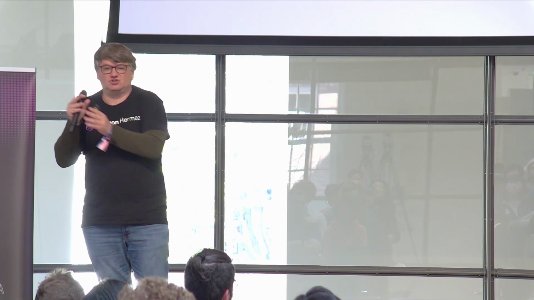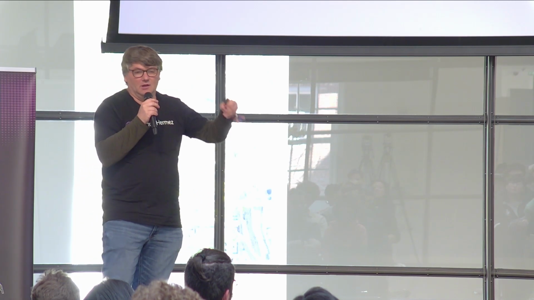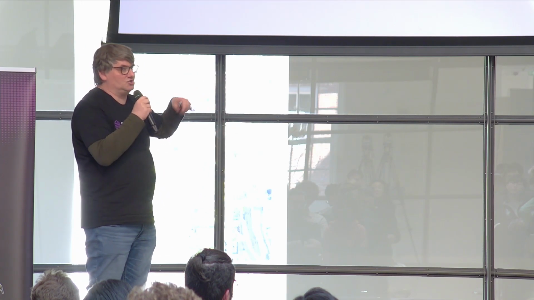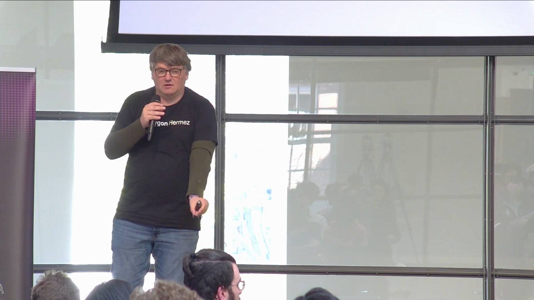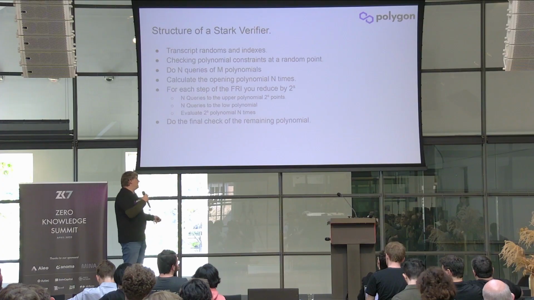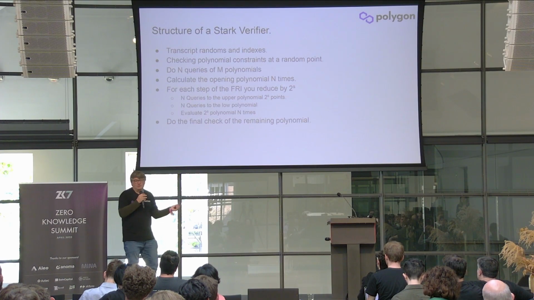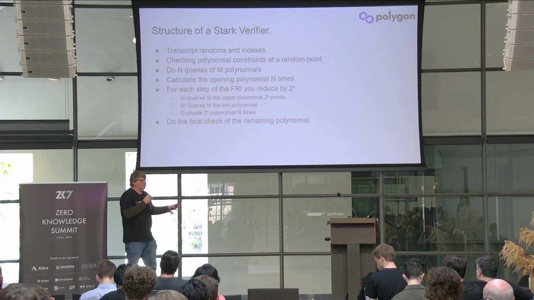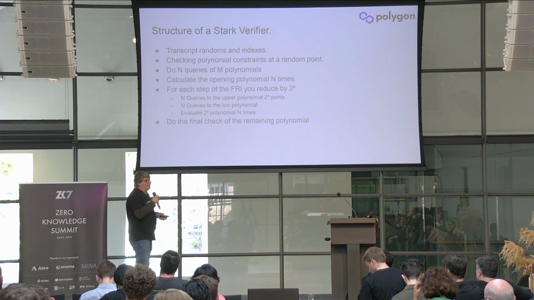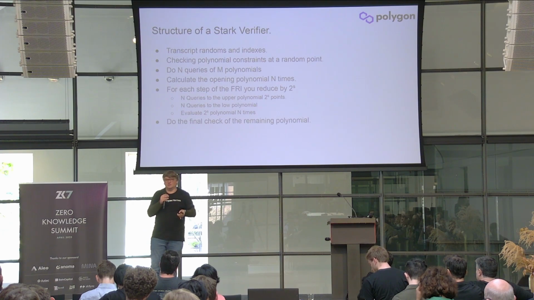We have n points, and then we need to evaluate at a specific point and check that this matches with the downside polynomial. And we need to do that recursively until the polynomial is of low degree and we are at the end. And at the end, for the remaining polynomial, we need to do maybe some check there. So this is the structure of a verifier, more or less, and we have to put that in a circuit.